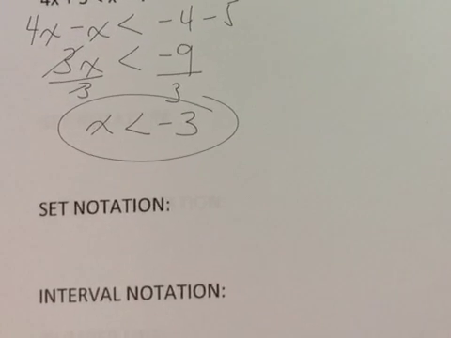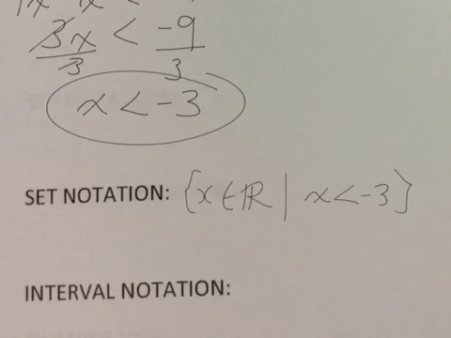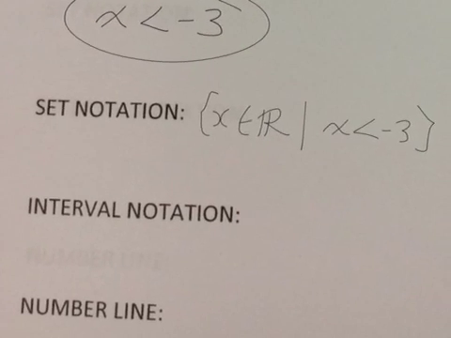Okay, now when we write it in set notation, we go x is an element of R such that x is less than -3. So that's set notation with the curly brackets, okay? Interval notation, as you remember, involves two items, right? So you're either going to have round brackets or square brackets, okay?